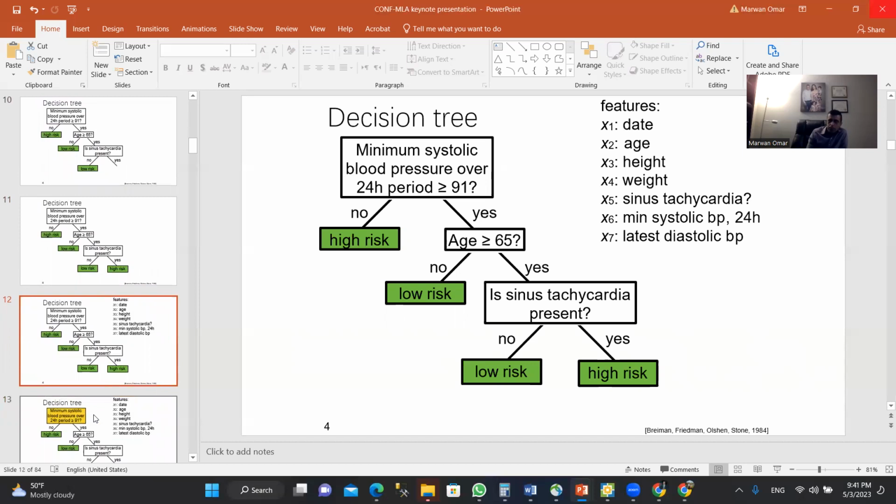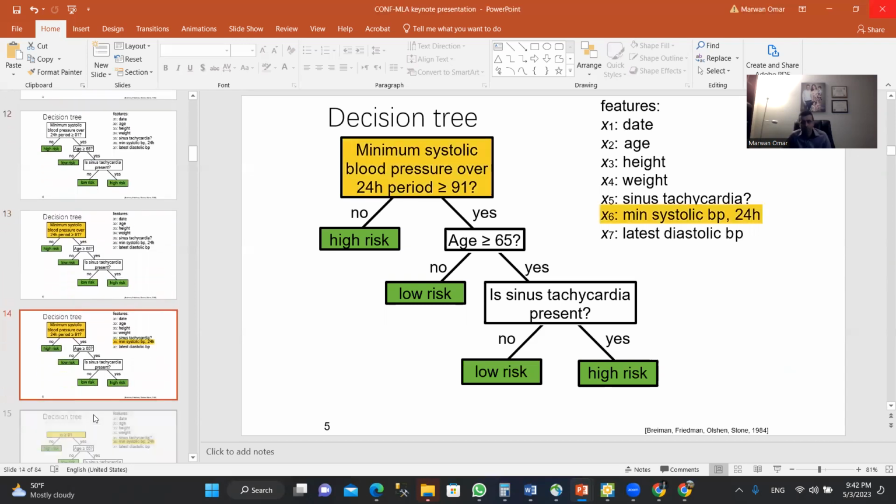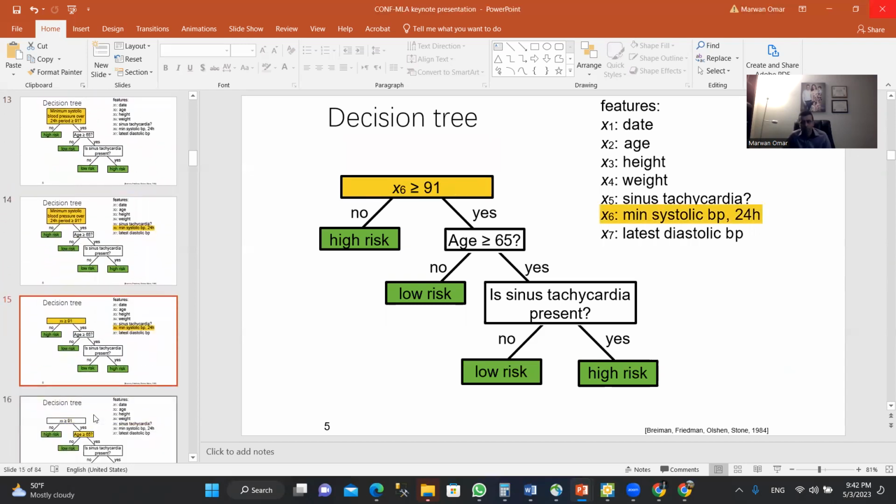So the features here in this data, we can denote them as X1, X2, X3, X4, X5, X6, and X7. So we have the date, age, height, weight, sinus tachycardia, minimum systolic blood pressure over 24 hours, and the latest diastolic blood pressure. So we are checking each attribute.